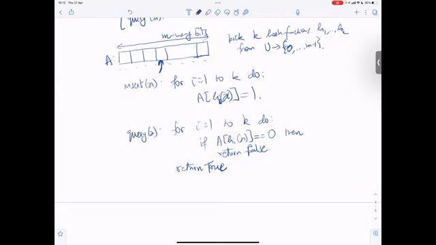But it could happen that some bit is 1, and that's because there is a collision, that some Hi of X is equal to some Hj of Y. There exist i, j so that this happens. Then we would get a false positive. But we reduce the probability of false positives by repeating multiple times, k times.